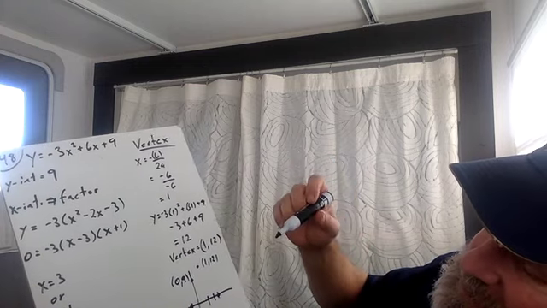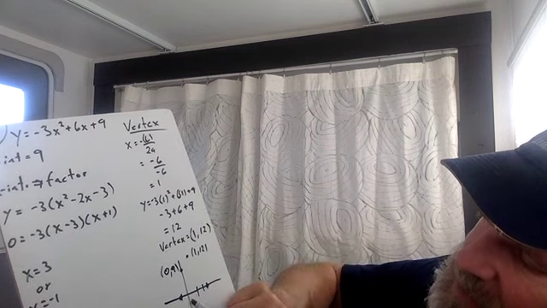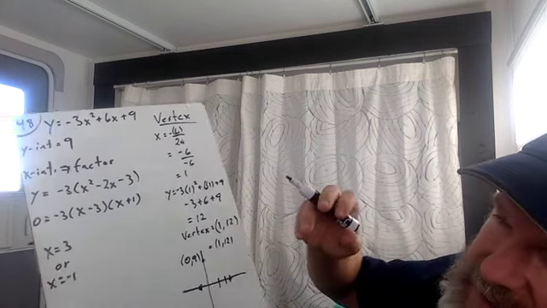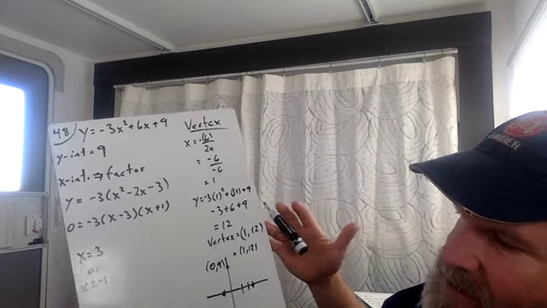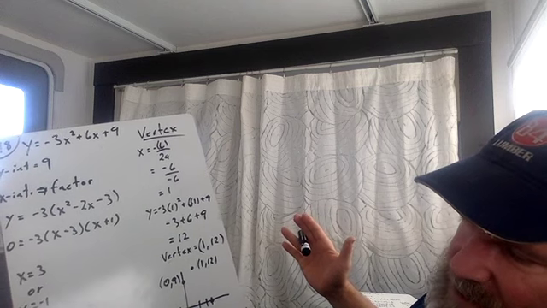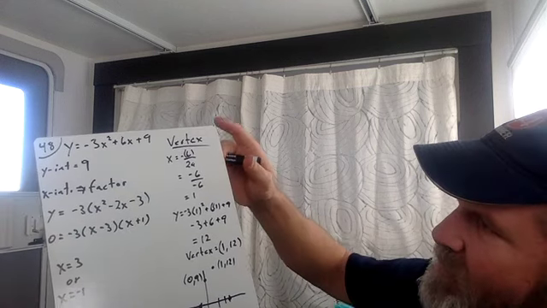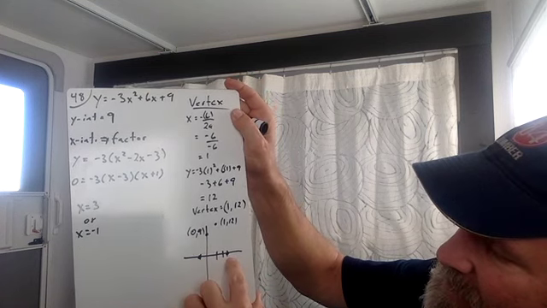Now, what I was going to tell you is that the vertex is always going to be exactly in between your x-intercepts because the vertex is on the axis of symmetry. Your x-intercepts are always going to be the same distance away from the axis of symmetry, or else your parabola wouldn't be symmetrical. So what is in between negative 1 and 3?